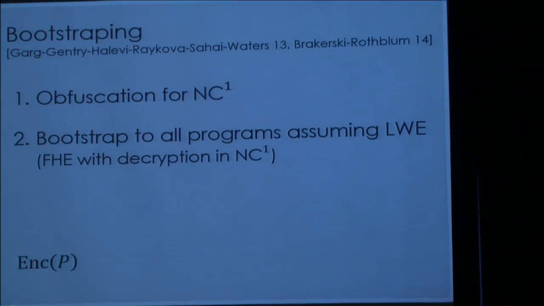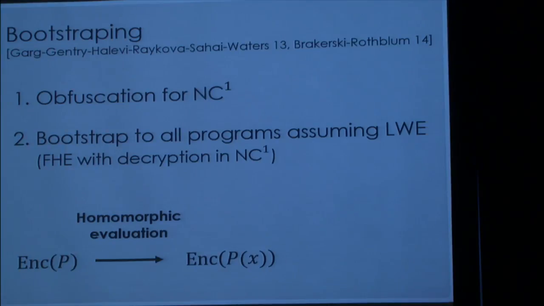Here, to obfuscate a program, you just encrypt it with a fully homomorphic encryption. This gives us very good security. It completely hides the program. But it's still not a good obfuscation, because now you can't evaluate this program. What you can do, because it's fully homomorphic, is homomorphically evaluate it on some input, and what you get is the output of the program still under the encryption.